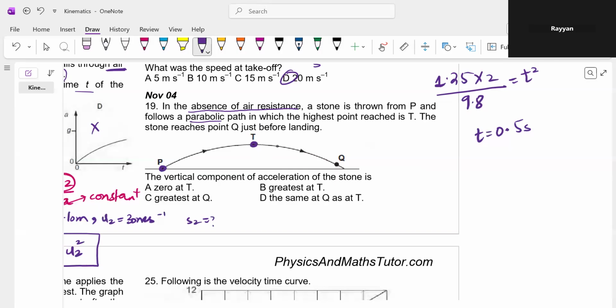The horizontal component stays the same, but the vertical component will decrease from P to T and then go back up. So at T the vertical component of the stone will be 0. What about the D option, the last option? Is Q the same as Q? No, it's not the same.